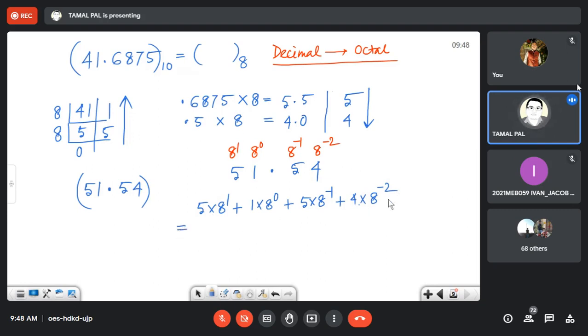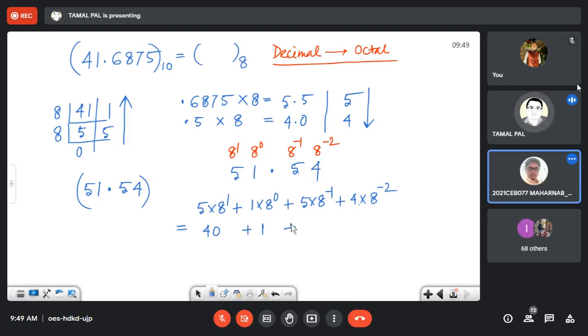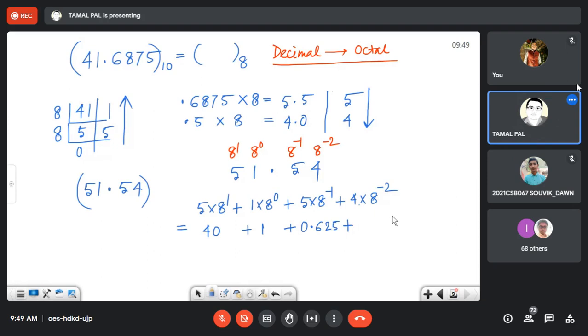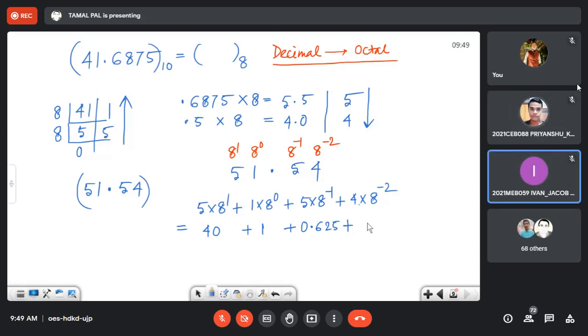Now tell me these values. 40. This is 1. This is 0.625. Then 0.0625.